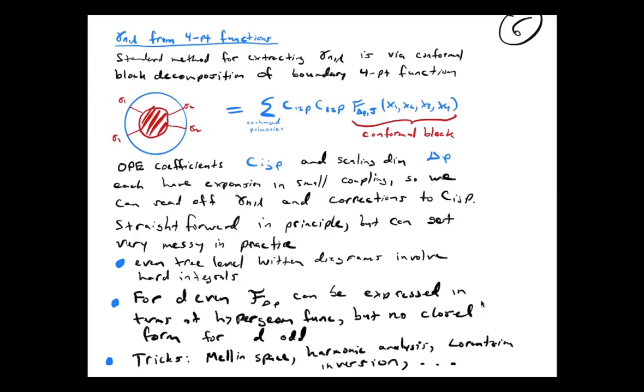Interpreting in CFT terms means that we do the conformal block expansion. From the point of view of the CFT, that just means that we have an operator product expansion. So we can take a 4-point function, pair together operators, and then use the OPE to replace any pair of operators by a sum over single operators. That reduces everything to the 2-point function, and then you just use the normalization.